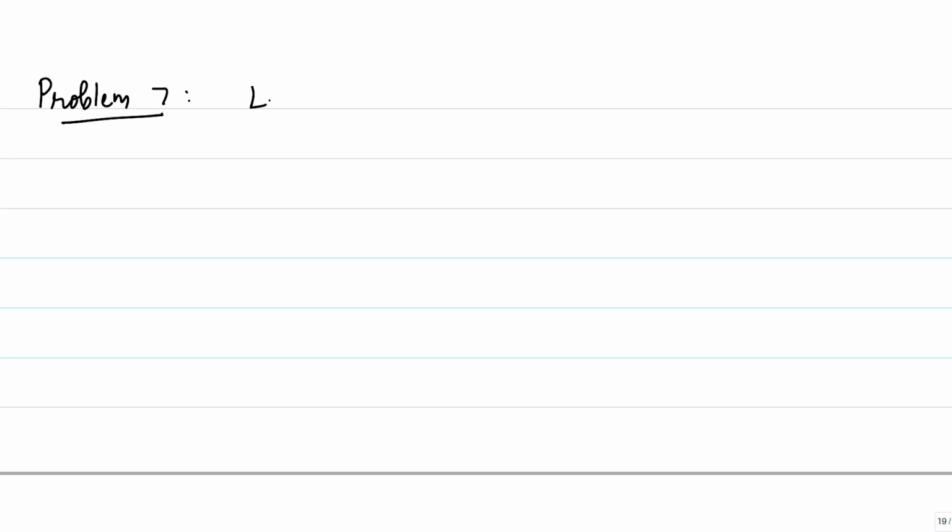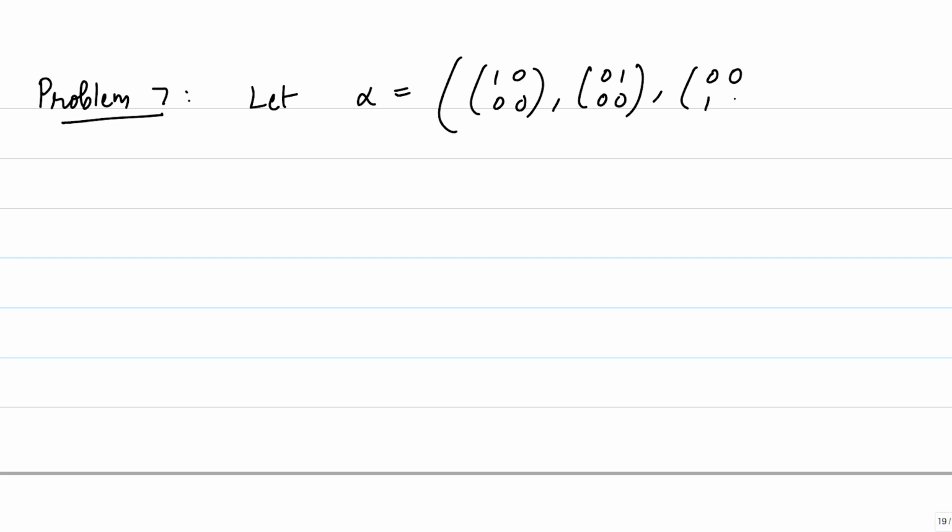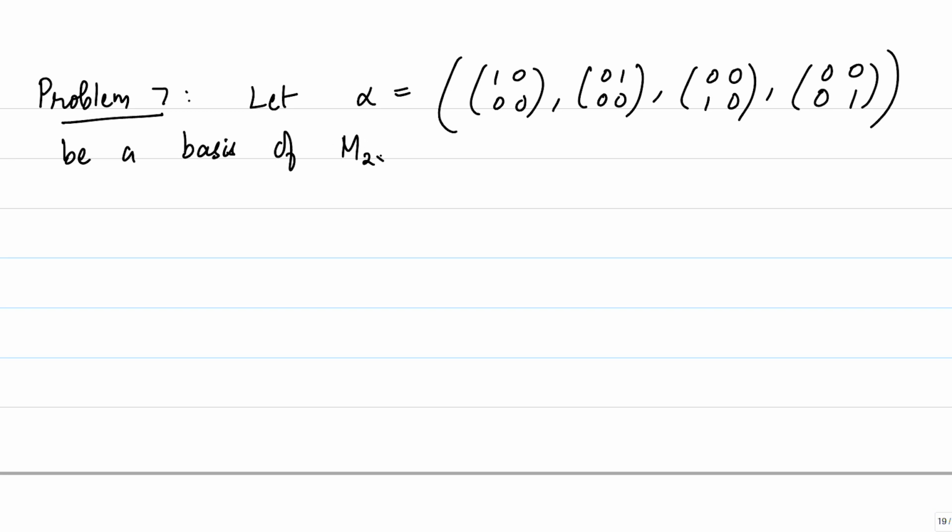So let's fix a basis. Let alpha be the following basis of 2 cross 2 matrices. Let alpha be a basis of M2 cross 2 of R, basically 2 cross 2 matrices over R, and let beta be the ordered basis consisting of the constant 1.